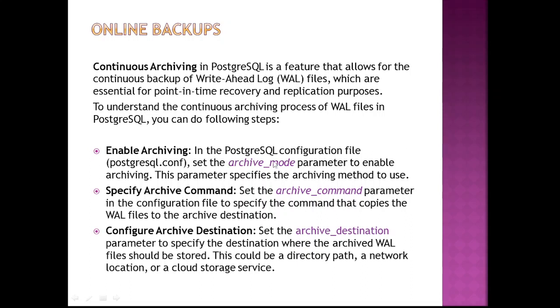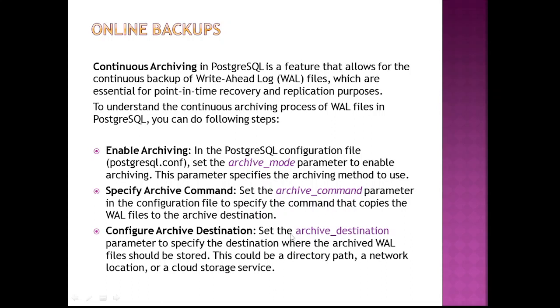Then you need to specify the archive command. In the configuration file, you update a command that copies the WAL files to the archive destination. There's a parameter which I will show you in the lab, which gives the location of the file and the command for how we copy it.